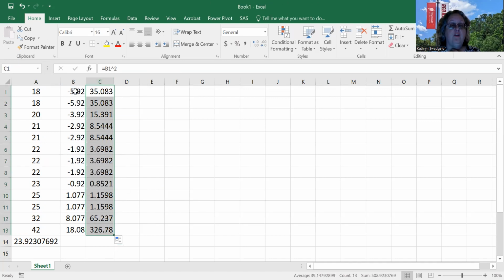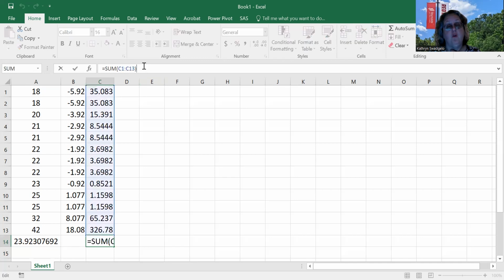So first I find the difference from the mean, I square those differences, and then I add them up. Now, because this is a sample, these were x minus x bars, then I'm going to divide by the sample size minus 1. My n, my sample size, is 13. My n minus 1, my sample size minus 1, would be 12.